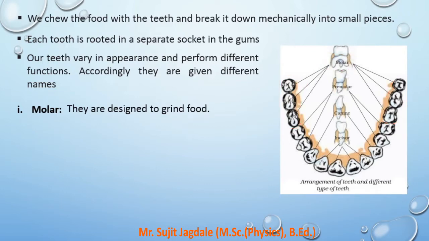Now next one is premolar, which is next to the molar teeth. You can see the part where they are located in the mouth. Total 4 teeth are there in the lower jaw, and in the upper jaw plus 4, so total 8 premolar teeth are there.